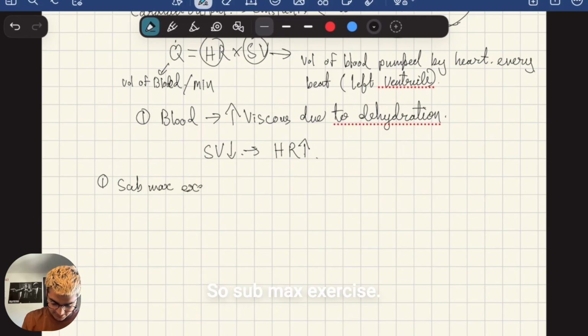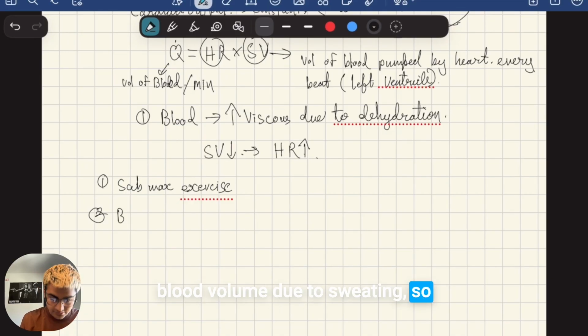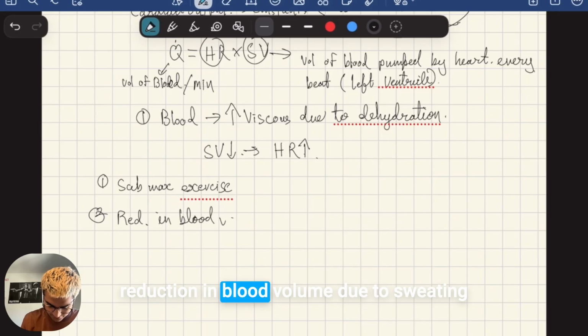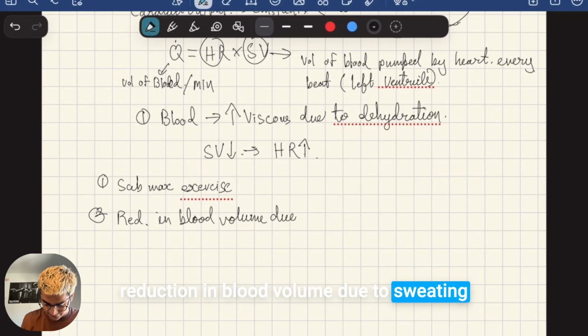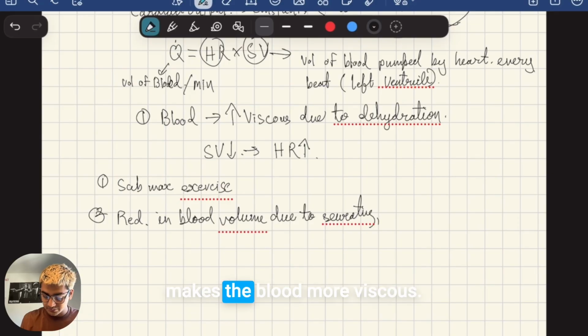Okay? 2, it's due to the reduction in blood volume due to sweating, which makes the blood more viscous.